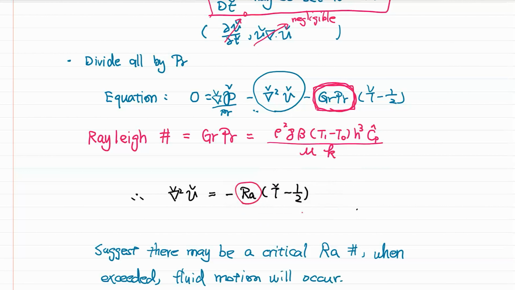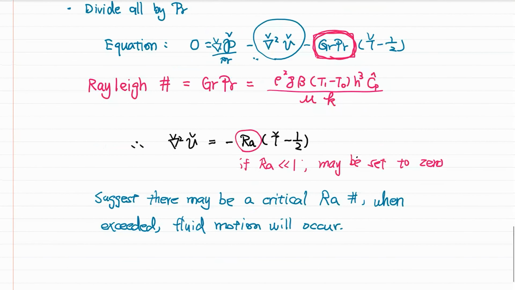If the Rayleigh number is very, very small, then it may be set to 0. Then there will be no fluid motion, right? Because if you integrate the left-hand side twice with the boundary conditions, there's going to be no fluid motion. Okay? But if the Rayleigh number is sufficiently large, then it might drive fluid motion.